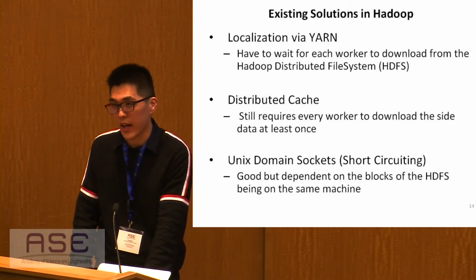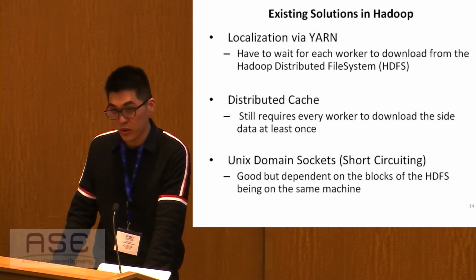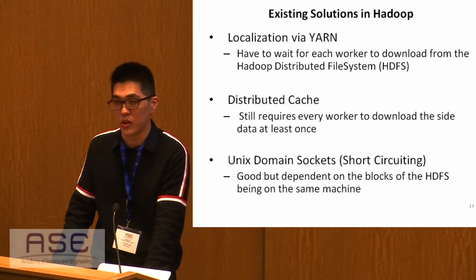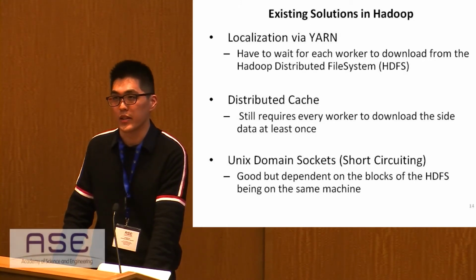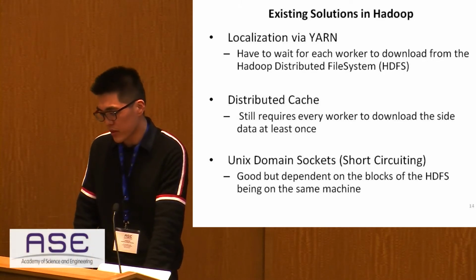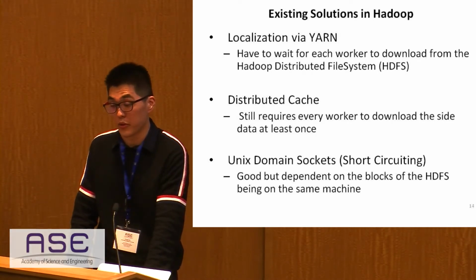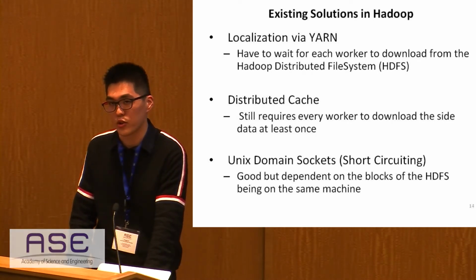which is not optimal because these side data are used over and over and over again. Then there's the distributed cache option, which works quite well, but unfortunately, you still have to bring down your side data from your distributed file system at least once in order to keep it around. Thankfully, after Hadoop version 2.3 and beyond, there's short circuiting, which uses Unix domain sockets.